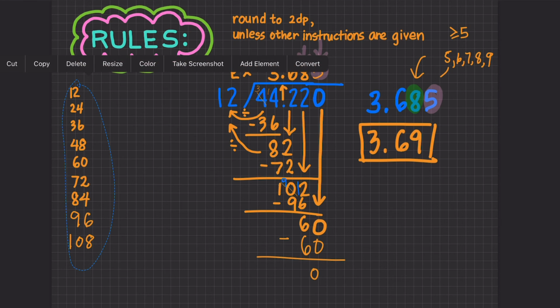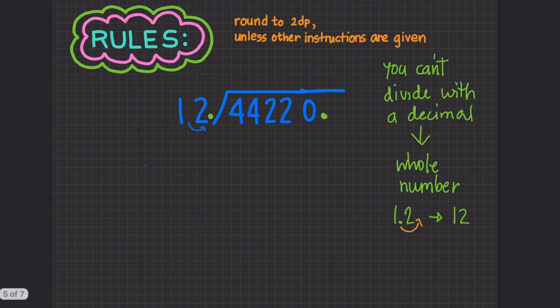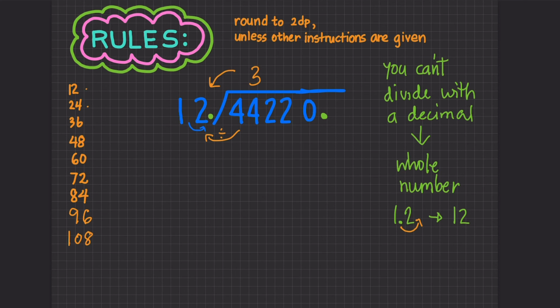Again, going up, we divide. So 44 divided by 12, we know is 36. So that's 1, 2, 3. Going down, we multiply. So 3 times 12 is 36. And then we subtract, and you're left with 8. Bring down 2. So you have 82.